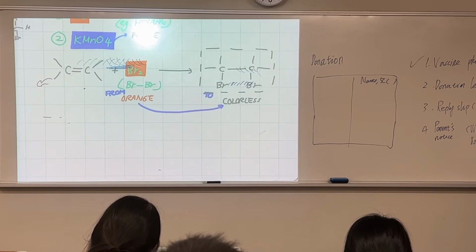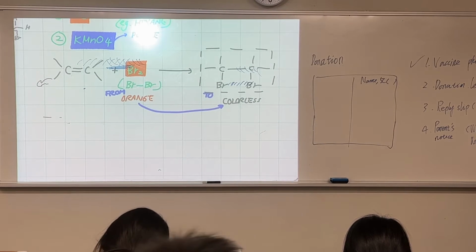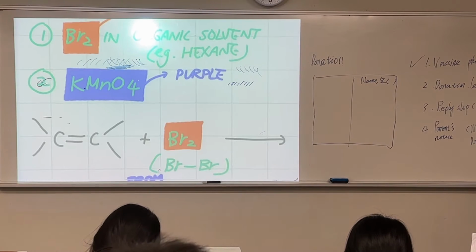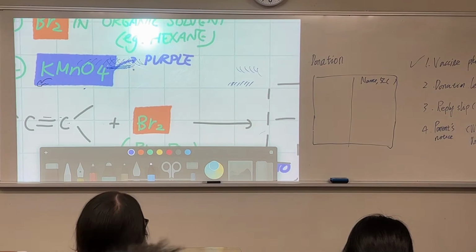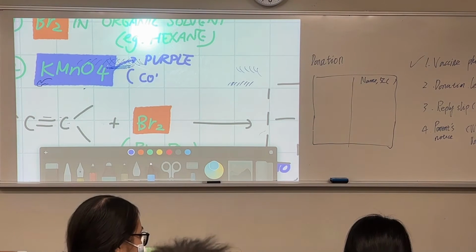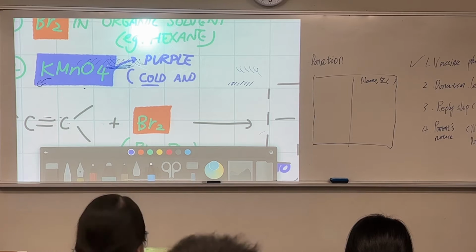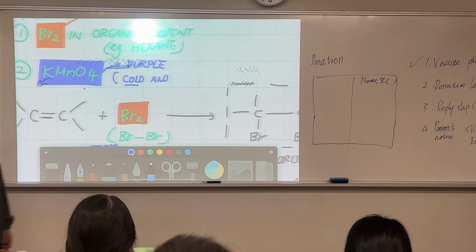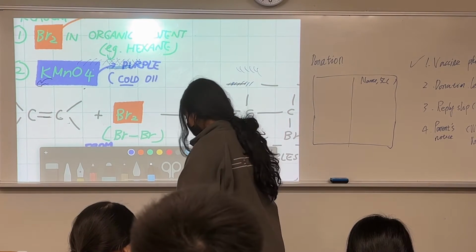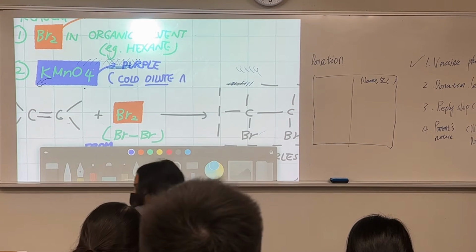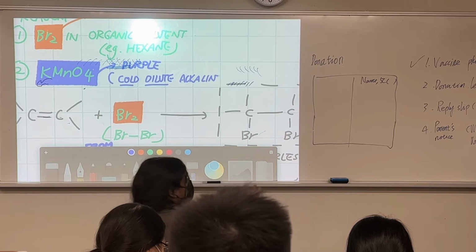One is by using bromine in organic solvent. The second way is to use potassium permanganate. But can you put down the condition for this chemical? This has to be cold, dilute, and alkaline, a solution.